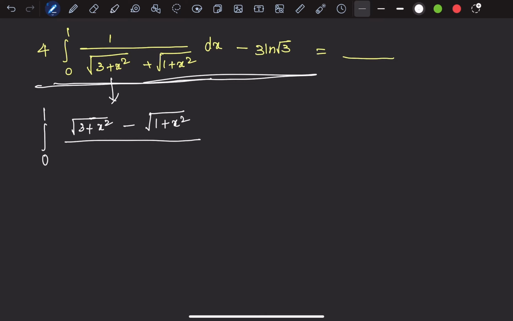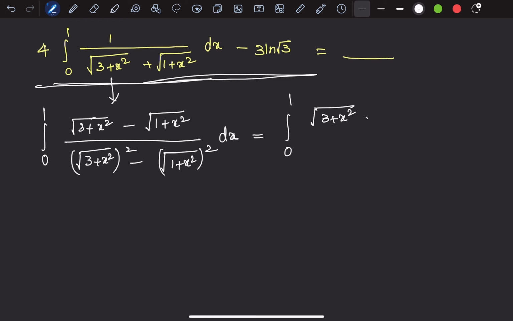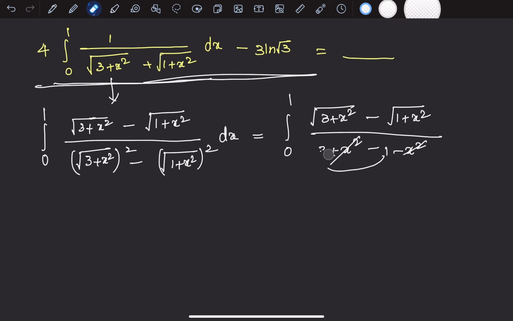And if you do the same thing in the denominator, you will end up getting root of 3 plus x square whole square minus root of 1 plus x square whole square dx. So this is simply integral 0 to 1 root of 3 plus x square minus root of 1 plus x square divided by 3 plus x square minus 1 minus x square. This and this gets cancelled. 3 minus 1 is simply 2. So in the denominator you will have 2 dx.